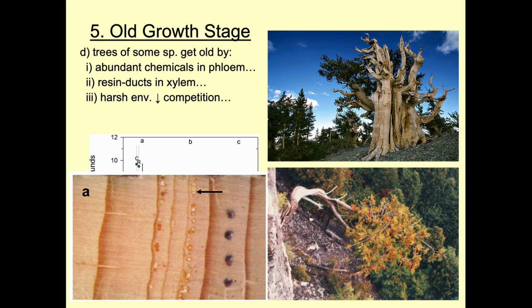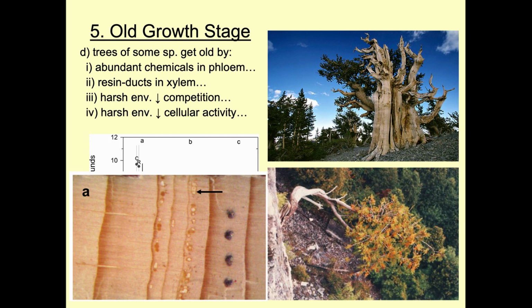The third reason is that this is a really harsh environment. So competition is going to be very low. Pristine environments are extremely competitive places, but in these harsh environments, these individuals are not going to be reduced through competition. In a harsh environment, additionally, they're going to grow more slowly.